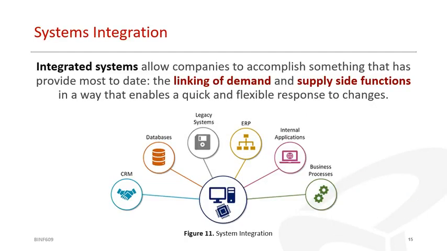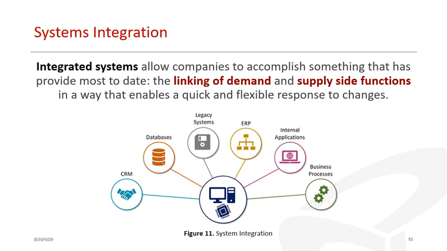There are many drivers in organizations for needing integrated systems, such as the ability to respond quickly to market conditions, which is a key part of protecting your customer from competitors. It is also the key to meet the market demands effectively.